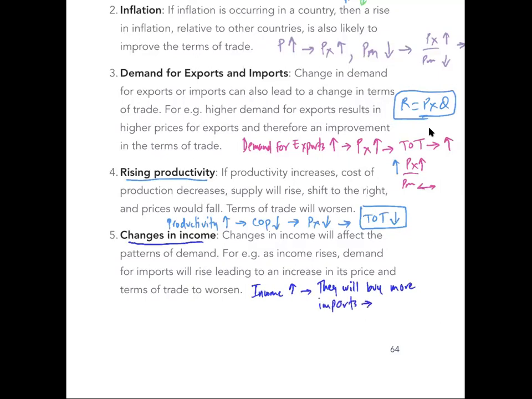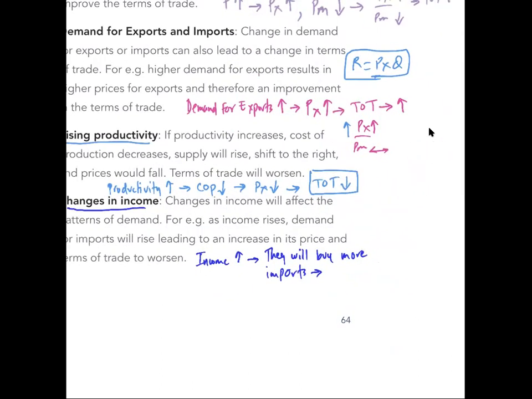One could argue that rising demand for imports means price of imports should go up. Why? Because demand goes up, price goes up. If price goes up, automatically PX over PM, given PX is constant, PM is going up, terms of trade will actually worsen. So this is another factor that can change the terms of trade.